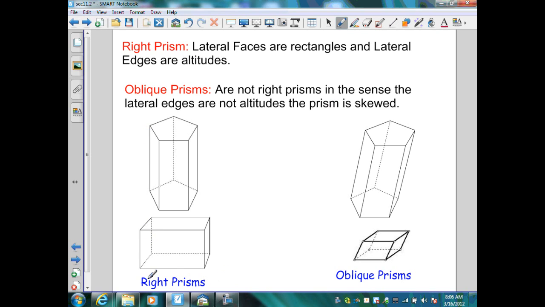In this case, these are right prisms, where our lateral edges are perpendicular to the base, and those faces are perpendicular to the base. On the right, these diagrams are oblique prisms. In this case, our rectangular faces are not perpendicular to the base, and our altitude would be on the exterior of our prism. But in both cases, those altitudes would be the height of the prism.